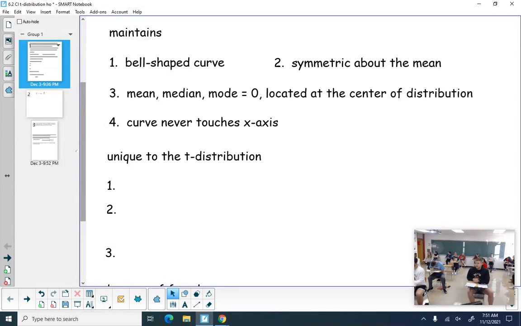But we have some characteristics for the t-distribution that's different than a normal distribution and a z-distribution. On our next quiz, you're going to have to give me a characteristic or two that's unique to a t-distribution.